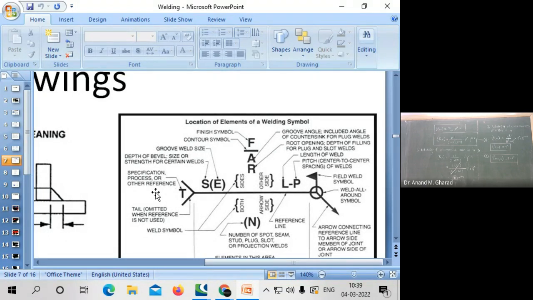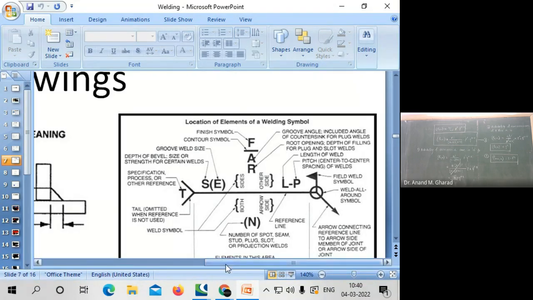See, most of the time, what happens? Some information, whether the welding is to be done on the site or it has to be done in the workshop, has to be mentioned. For the fabricator to understand, or for the welder to understand where exactly the process has to be done, that information needs to be there in your drawing as well. So that information can be provided over here.